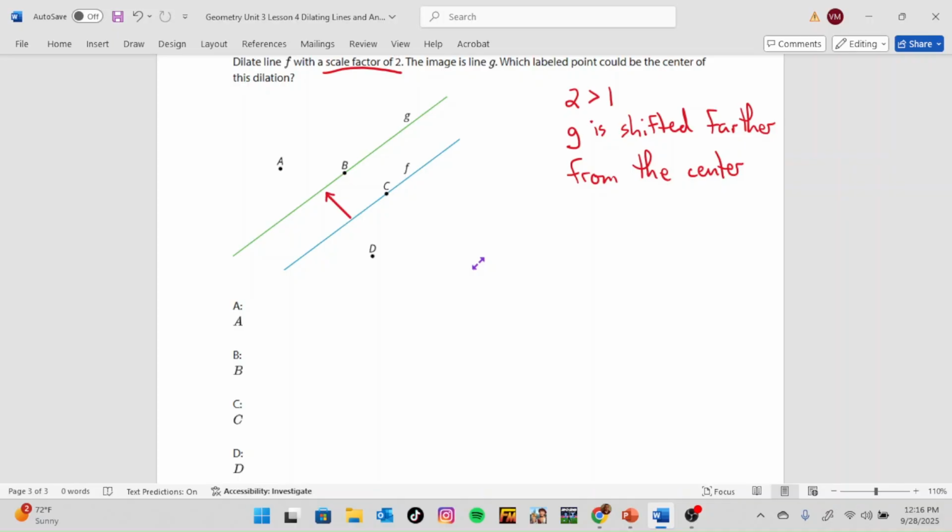And the only point that is back here on the bottom right is point D.